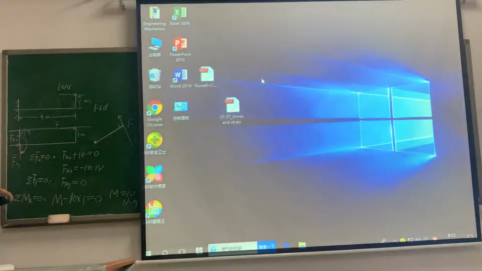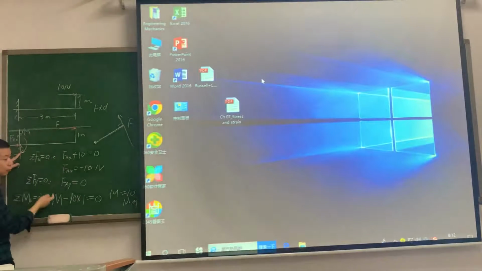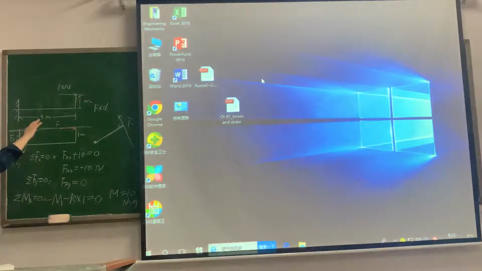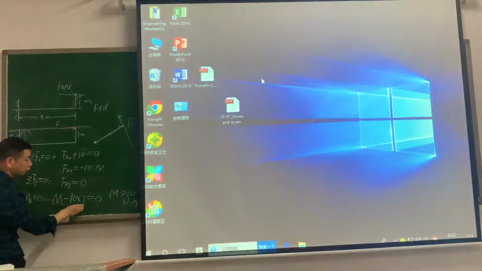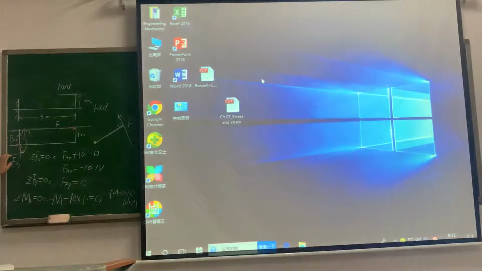When you set anti-clockwise as positive, in this case it must be negative, because when the force acts on the rod it will rotate clockwise, so it is negative. So we can find that M is negative.